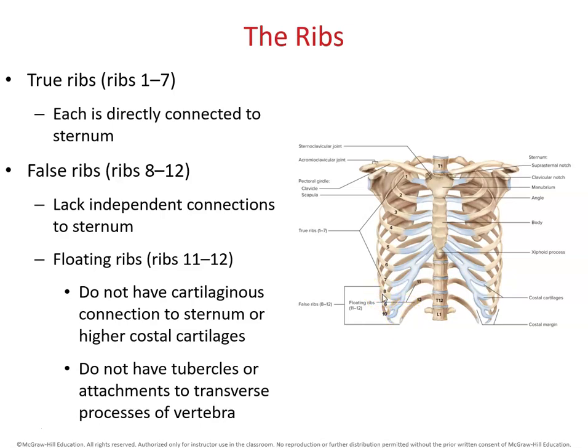Okay, so they don't have their own independent connection to the sternum. 8, 9, and 10 kind of join up with 6 and 7's cartilage, but they are not independently attached to the sternum. Then 11 and 12, they are false ribs and they are also floating ribs. They don't have any cartilage joining them to the sternum at all.